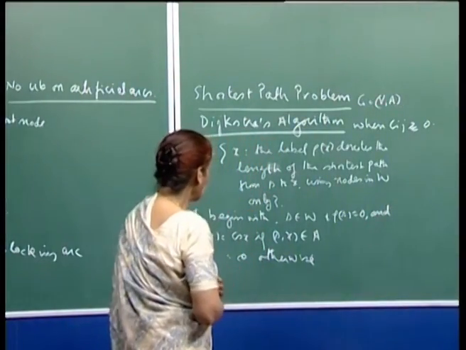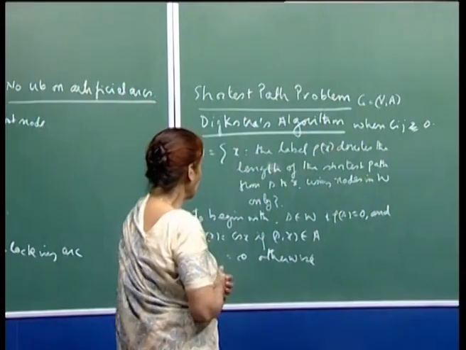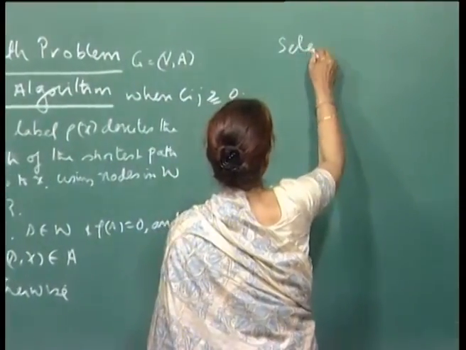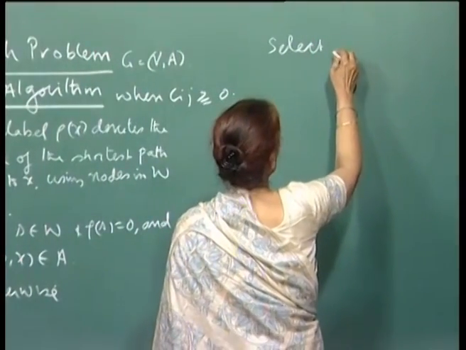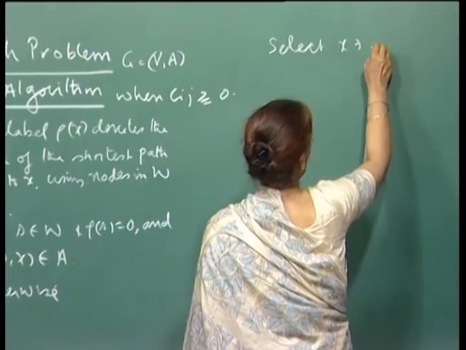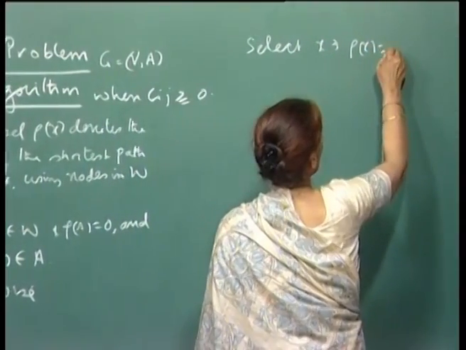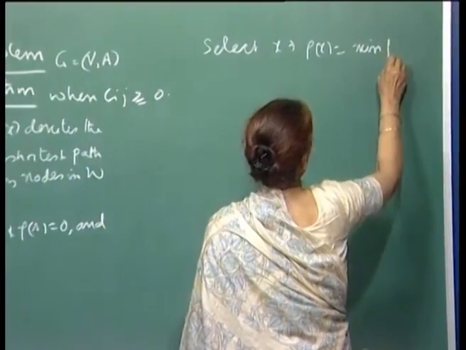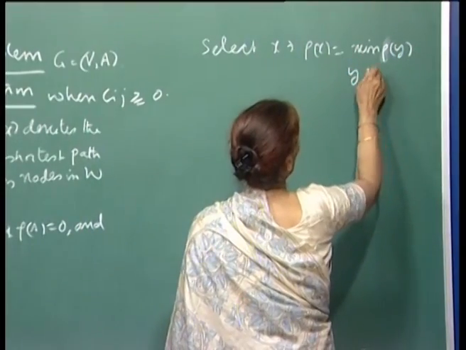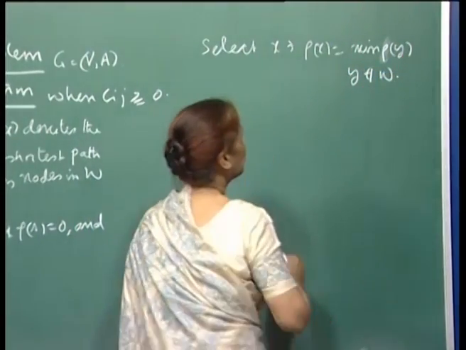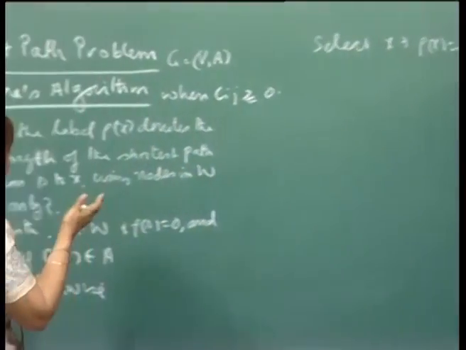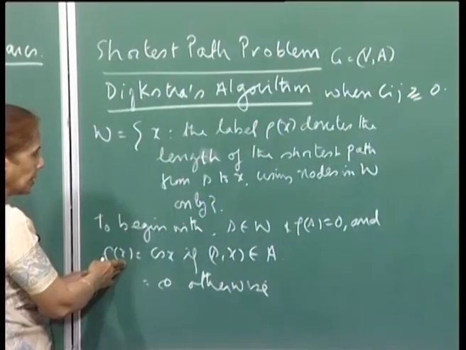Then we select X such that rho X is the minimum of rho y, y not belonging to W.